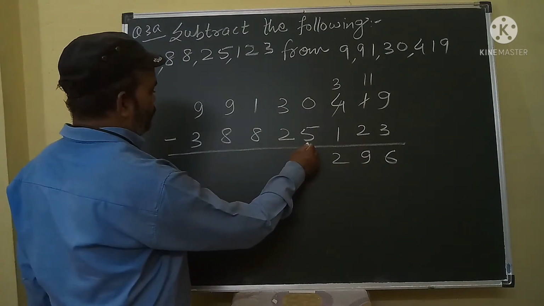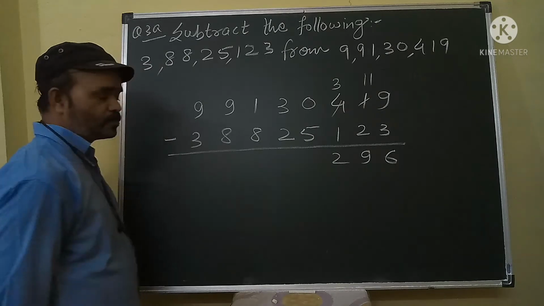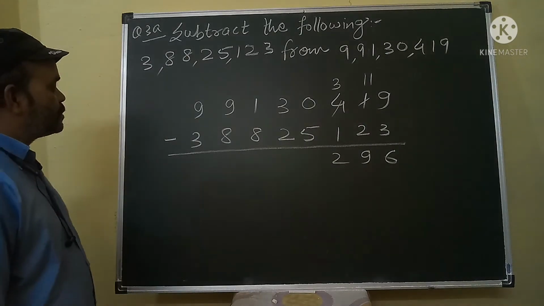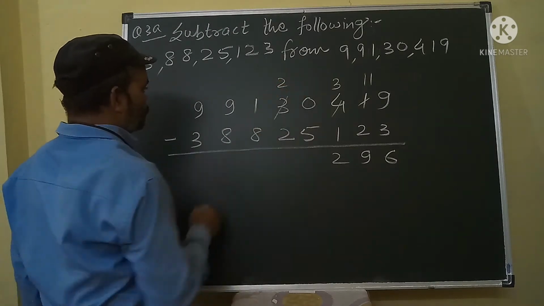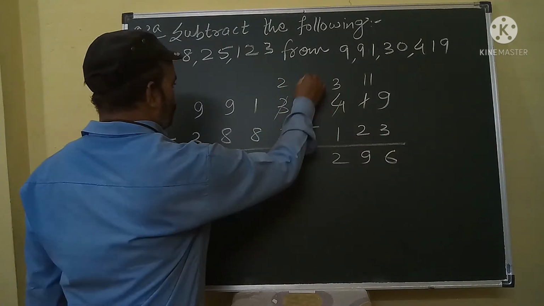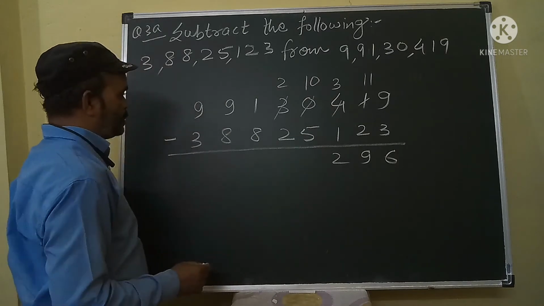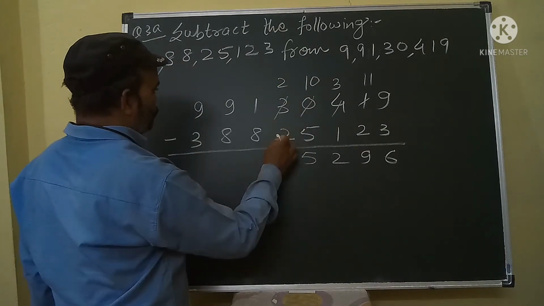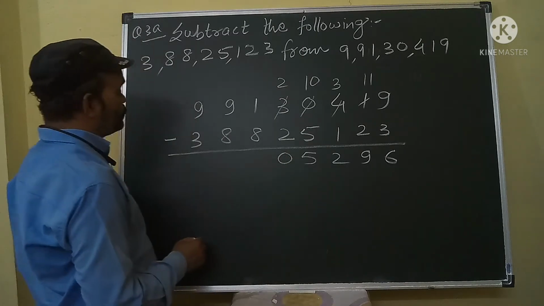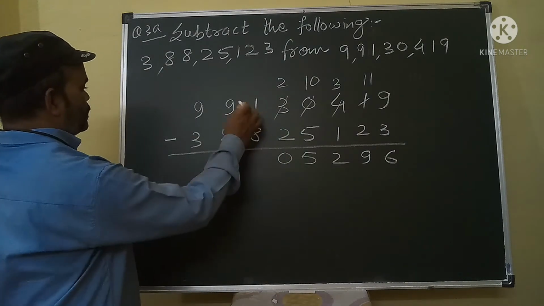We cannot subtract 5 from 0. So what will you do? We take one number borrow from 3. So 3 converted to 2 and 0 converted to 10. 10 minus 5, 5. 2 minus 2, 0. This is 8. This is 1.